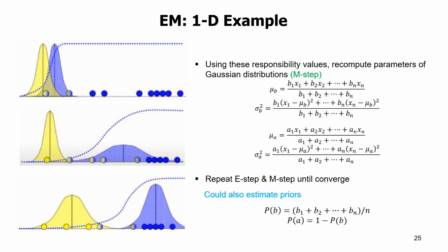After each step is done, this is the result. Now for each data, we compute the posterior probability, which means the probability that each data belongs to which cluster, which Gaussian, and with what probability.